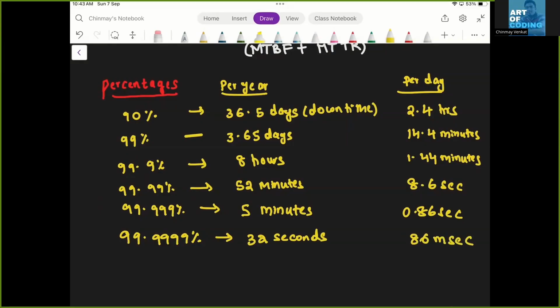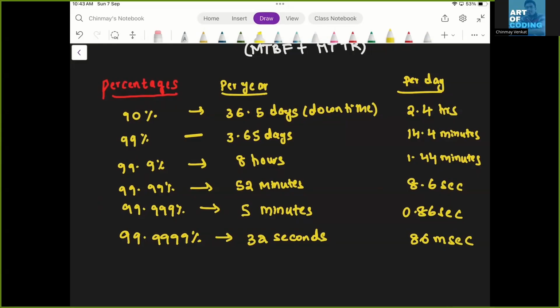I hope you can understand now how the availability is calculated for the application and why it is so important. Based upon this availability metric, how much downtime our system has per year and per day is calculated.